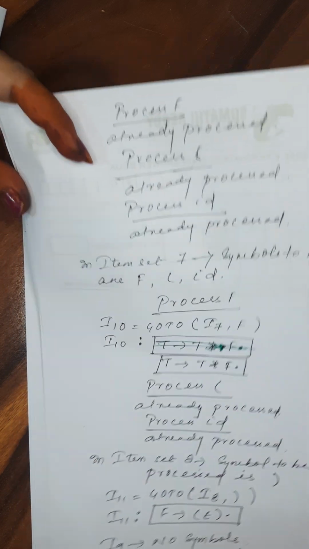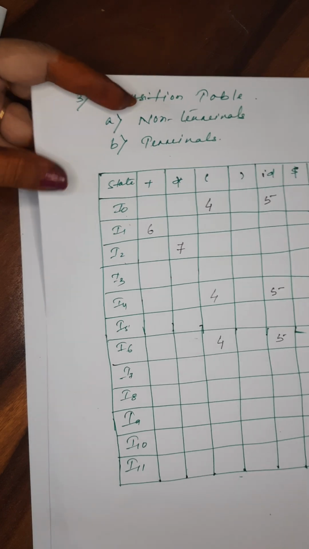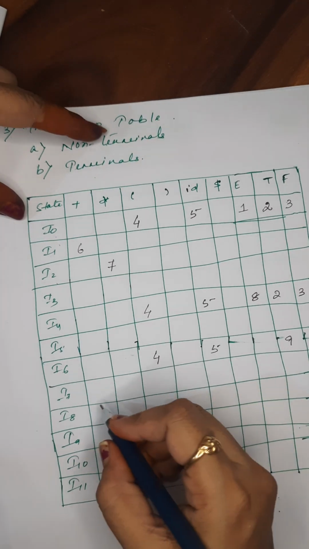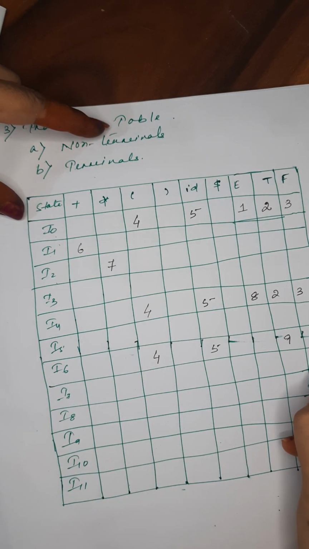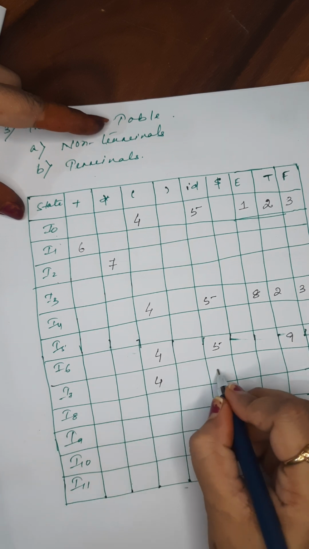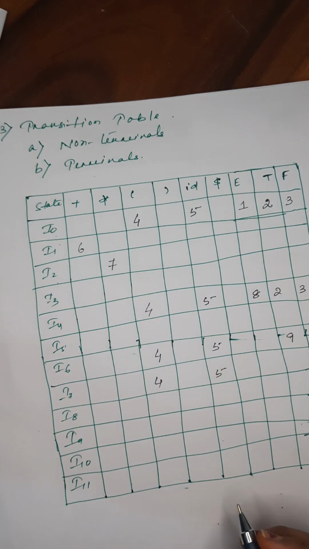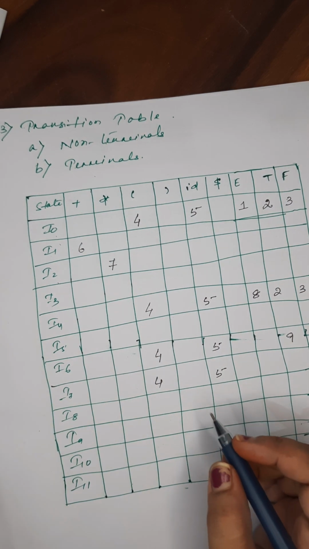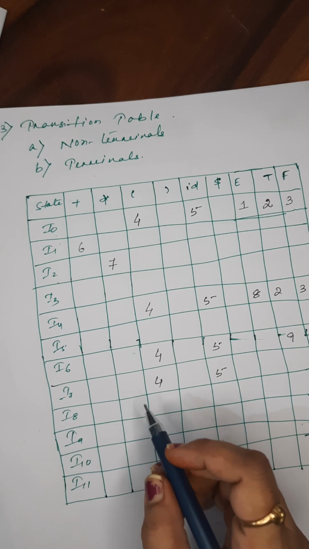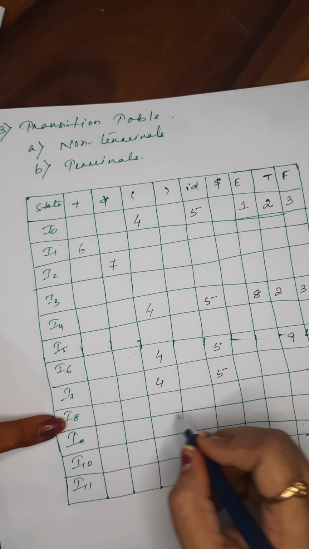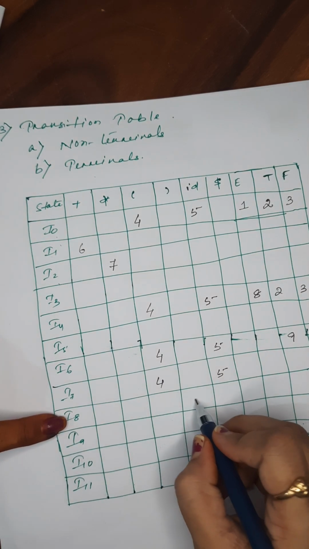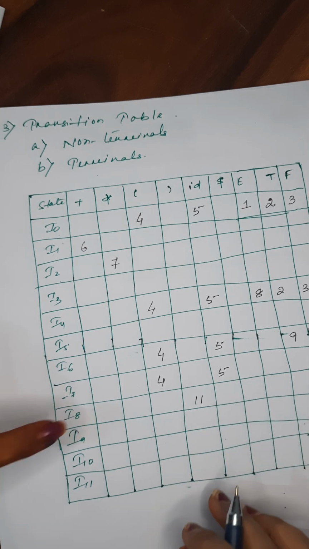F is processed in 10, so I will write 10 here. Then the same for opening bracket and ID. For I8, the symbol to be processed was closing bracket. It is being done in I11, so under closing bracket I will write 11.